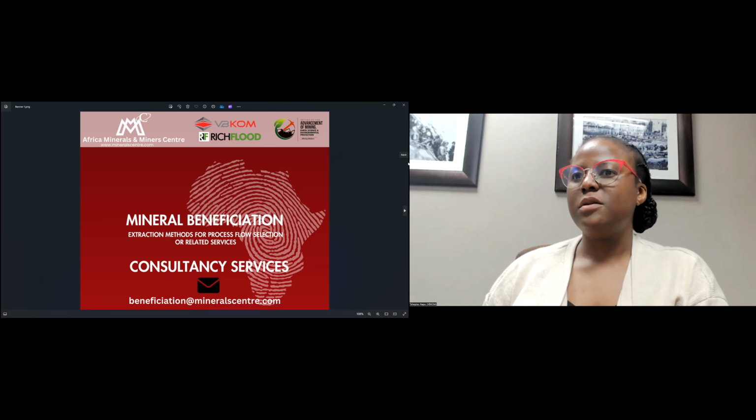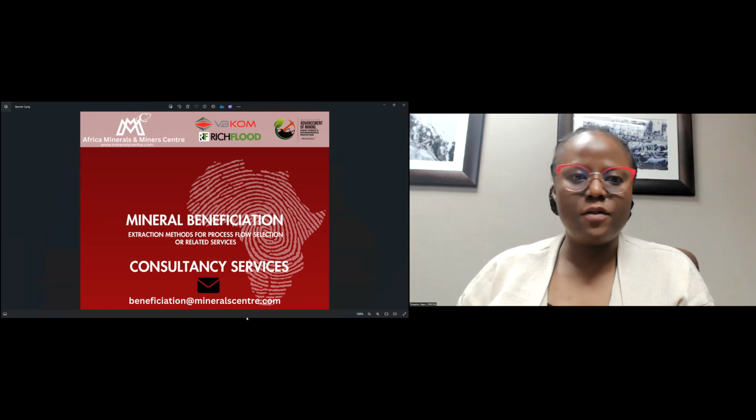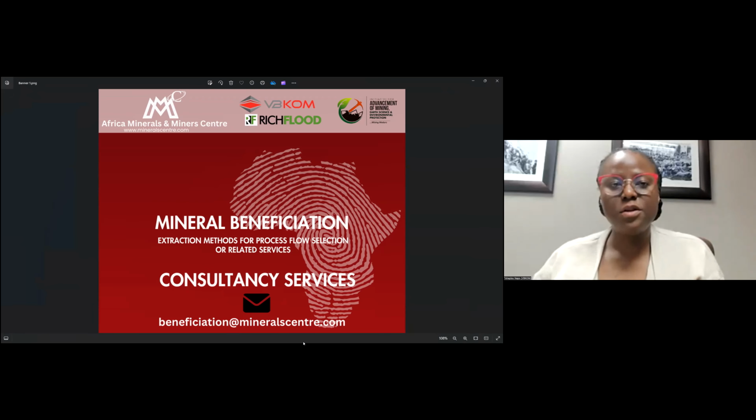Things that can impact that would be your climate. The amount of rainfall, for example, can affect your processing operations in terms of the movement of your material through the plant, so you might not achieve your capacity. You have to think about even the sunny weather, because this might affect the efficiency of some of the processes within your circuit that need to be temperature controlled.